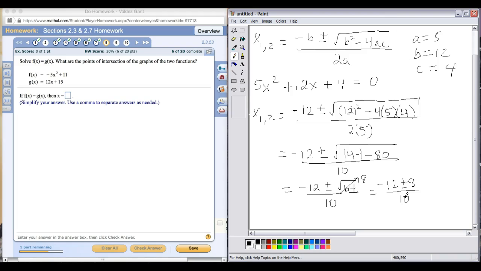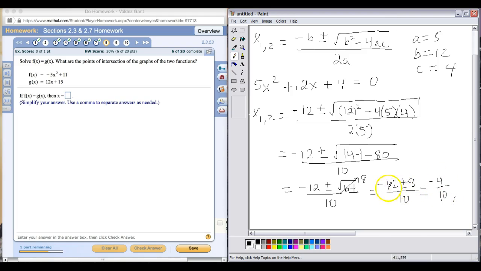So at this point, we could go ahead and add our answers. If we did the first one, we would have negative 12 plus 8. That would give us negative 4 divided by 10. So I guess I messed up 4 again. So we have negative 4 divided by 10.